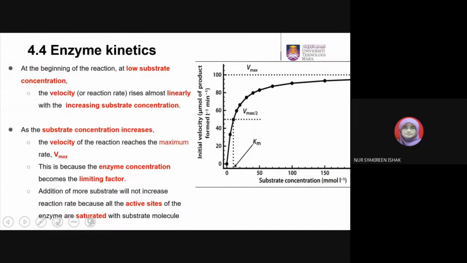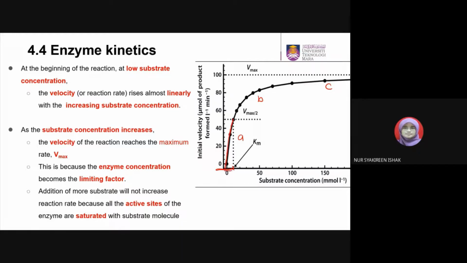At the beginning of the reaction, looking at the points for substrate concentration earlier, you have point A, point B, point C. At a very low substrate concentration, the velocity of the reaction rises almost linearly with the increasing substrate concentration.